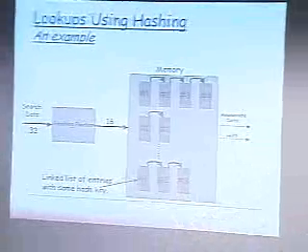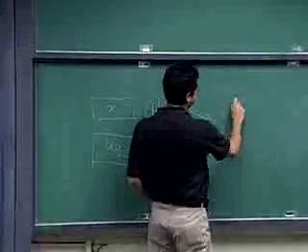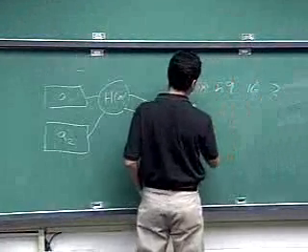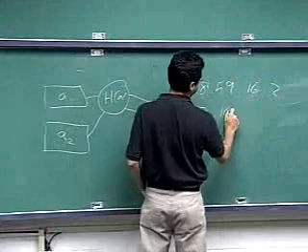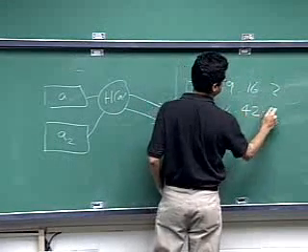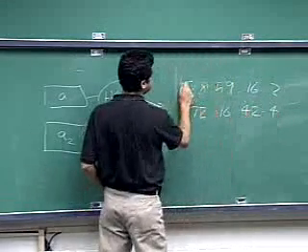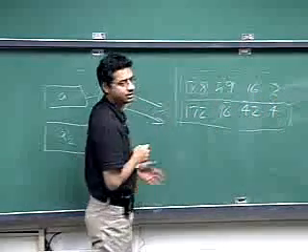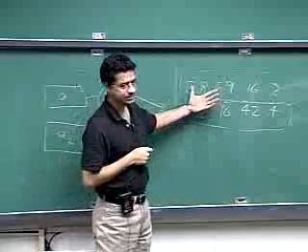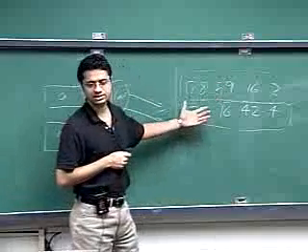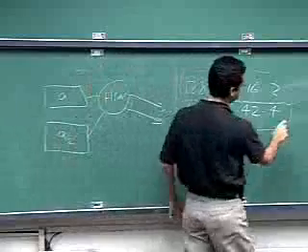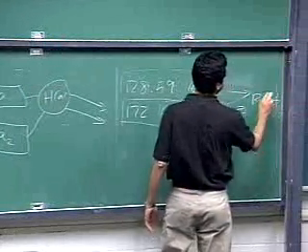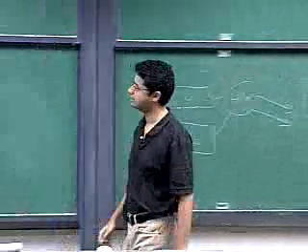So suppose your hash function will give you the same result for these two destination addresses. So you go to the same row, let's say row 44 in the memory.